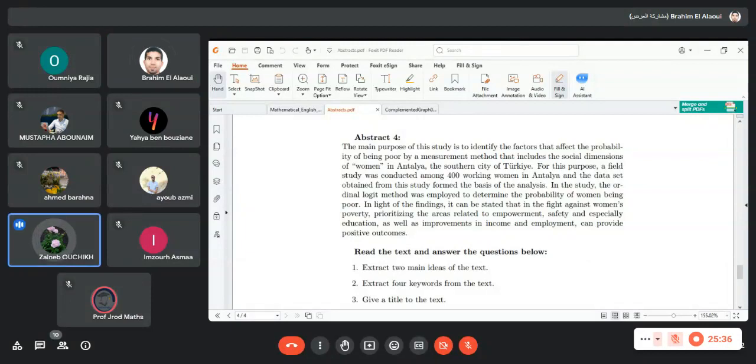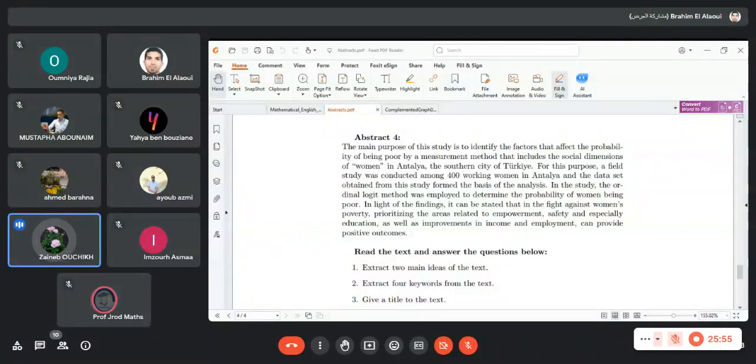The first idea is that a study has been done in Antalya, Turkey, among 400 women to study the factors that affect the probability of being poor.